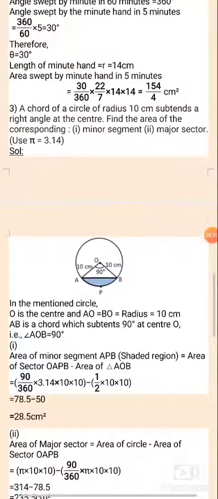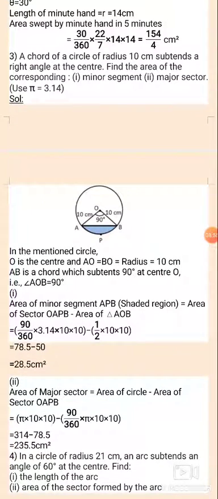Now, the major sector also we need to find out. So, area of the major sector is equal to area of the whole circle minus area of the sector OAPB. Area of the circle is pi into r square, 10 into 10, minus 90 by 360 into pi r square.